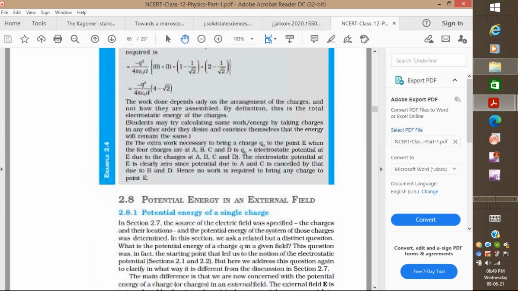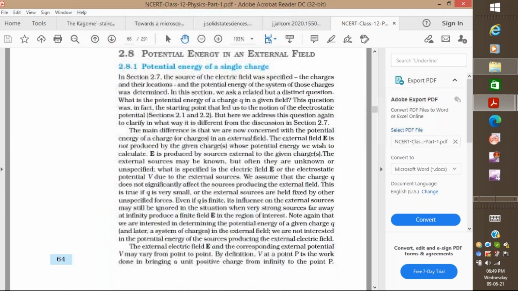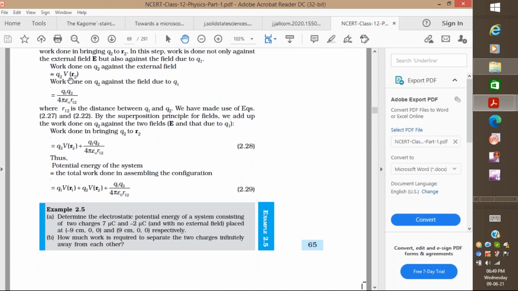So for the first charge, I have to do work due to the potential created by it.